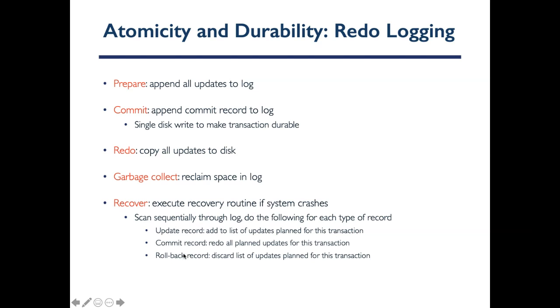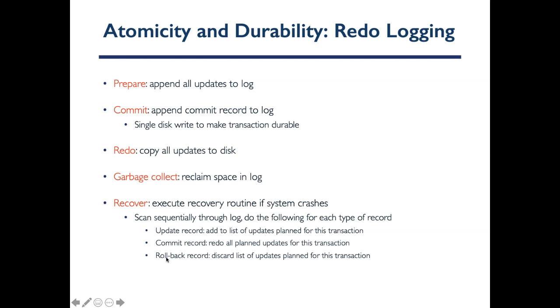And if you see a rollback record, that could happen, let's say, here, where your system detected an interference between two transactions and wrote a rollback for one of them, but before the rollback record is processed, you've crashed.